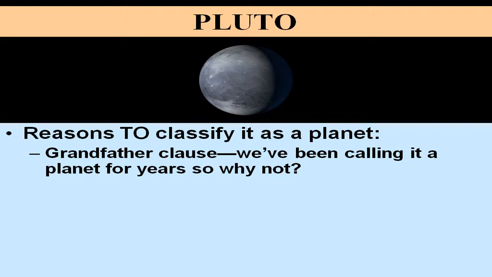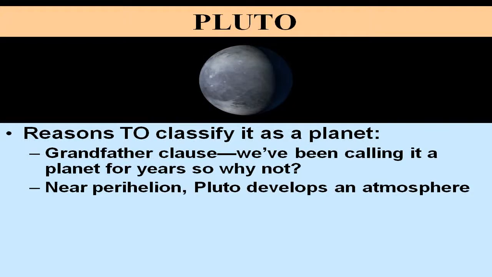We've been calling it a planet for years, so why not? This was probably a good reason up to 2006, because Pluto was discovered in 1930, and up to 2006, that's 76 years of calling it a planet, and people grew up knowing and thinking of Pluto as a planet. So you have 76 years of that. Why not just keep it going?